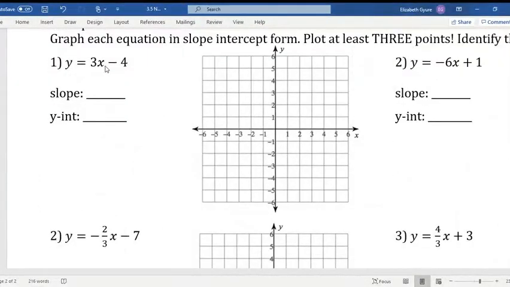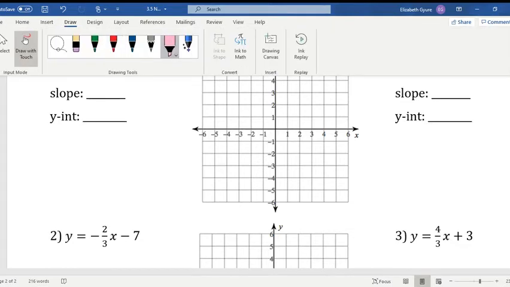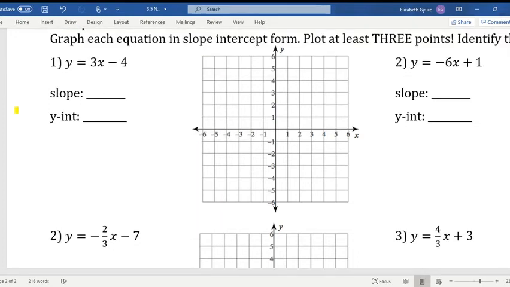So this equation for number 1 is in the form y equals mx plus b, where m is the slope and b is the y-intercept. Now what's kind of nice about these is you're given all the information you need. Your slope is whatever number is in front of your x. So here, do you guys see the number 3 in front of your x?